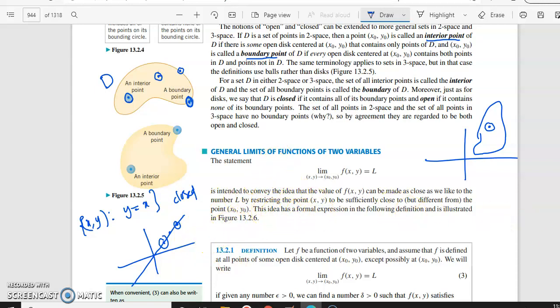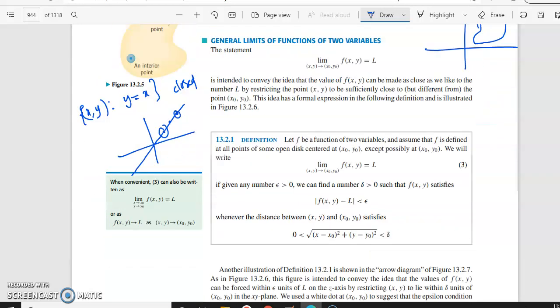Now let us look at the general definition of limit and continuity using the idea of the open disk and then open ball. Okay. So when you say that limit xy tends to x0, y0, f of xy equal to L, this means as xy approaches x0, y0, f of xy must go to L. Now f of xy is a real valued function.